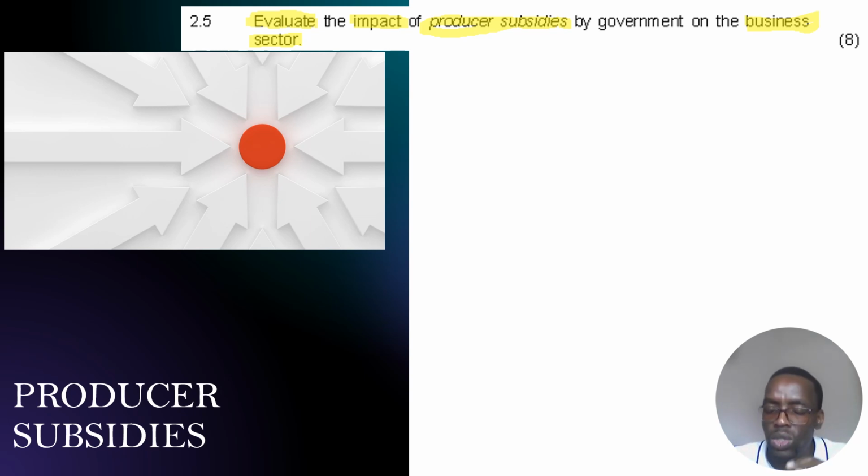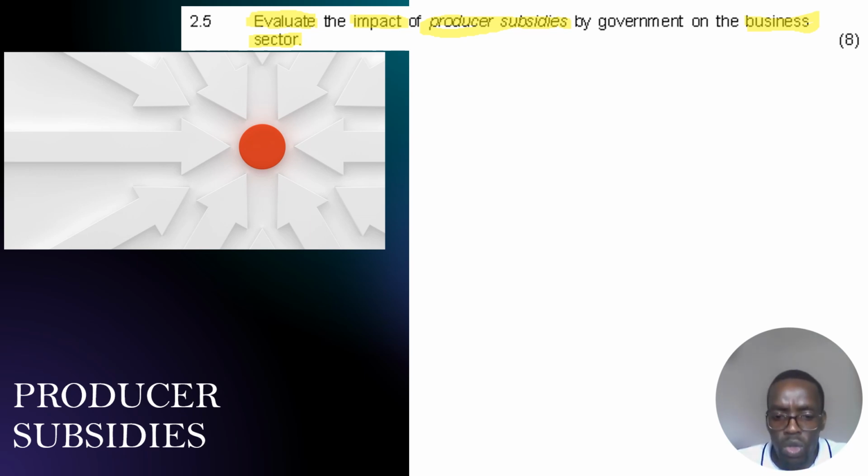Now if the government comes in and gives you a subsidy of maybe 2 rand a loaf, you are going to end up assuming your cost has reduced to 8 rand, which is not correct. Your cost has not reduced. The only thing that has happened is the government has given you a subsidy, so the government is going to pay the other 2 rand for you. But your cost structure has remained unchanged. So that's one major negative effect of a subsidy. It distorts the cost structure of businesses.